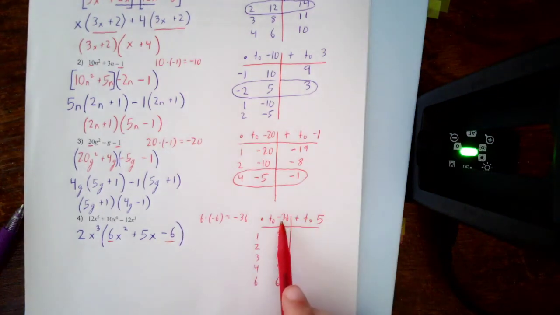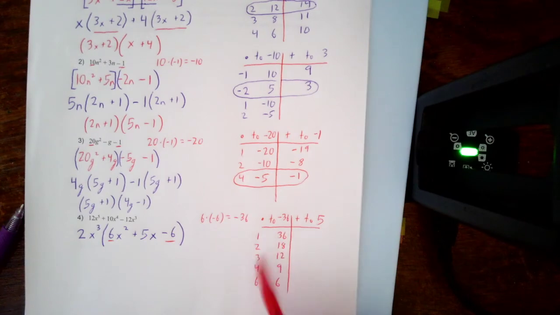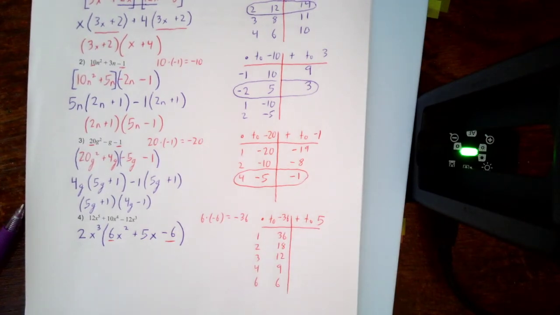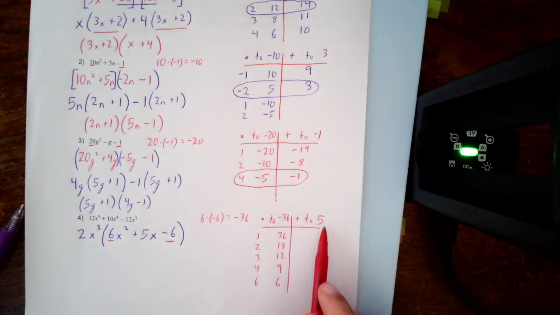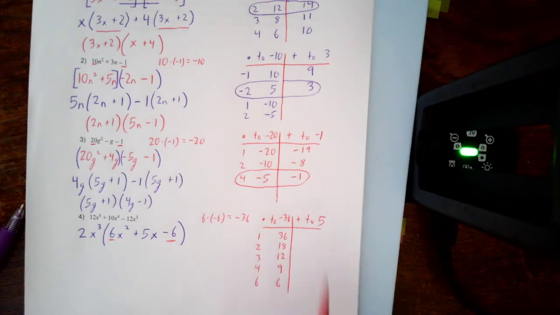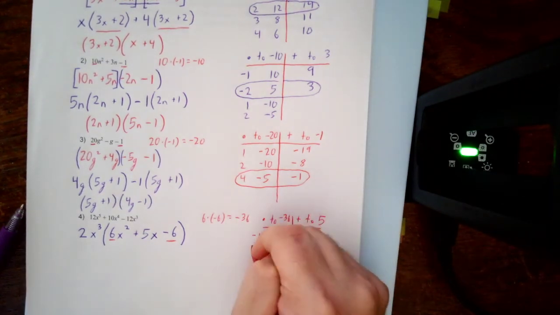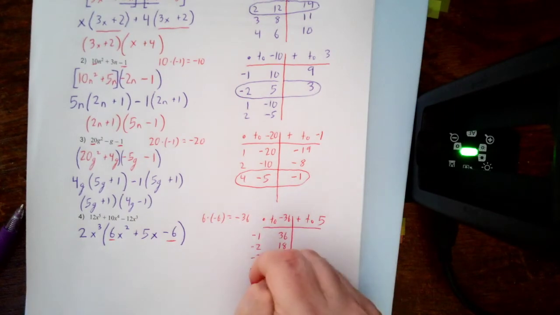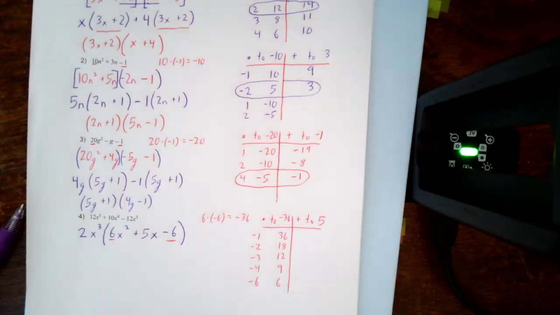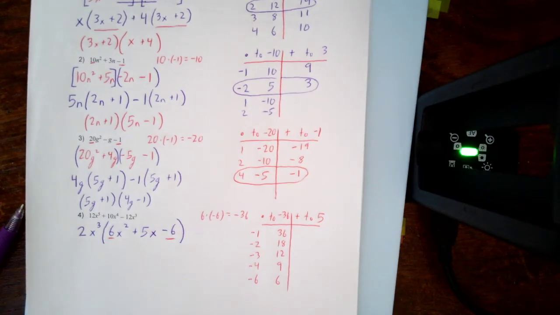Now, it was negative, so one of these numbers has to be negative, either the smaller or the larger. Now, I want positive 5, so I better make the smaller number negative, right? If I want a positive sum, I'll make all of the smaller numbers negative. And then I will check what each row adds to.